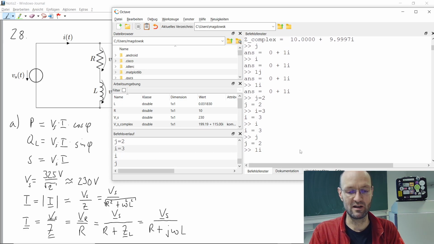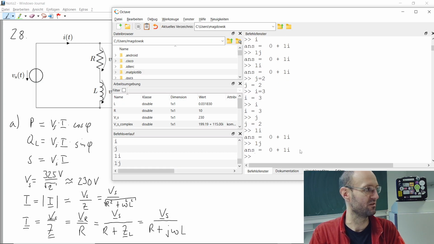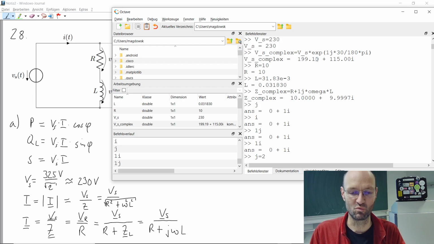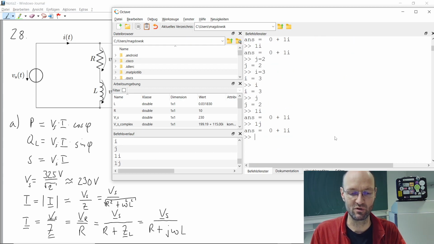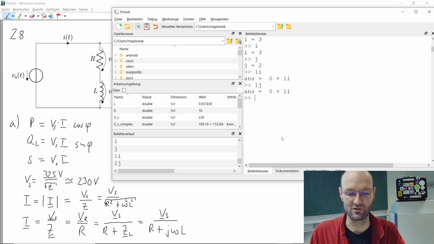But 1i and 1j will still be the imaginary unit. So using the 1j is more robust, let's say. You can never change the 1j. It will always be the imaginary unit. That's why I'm also using 1j, but here it would not really matter, right? If we go on now, it would matter because I've changed the i.